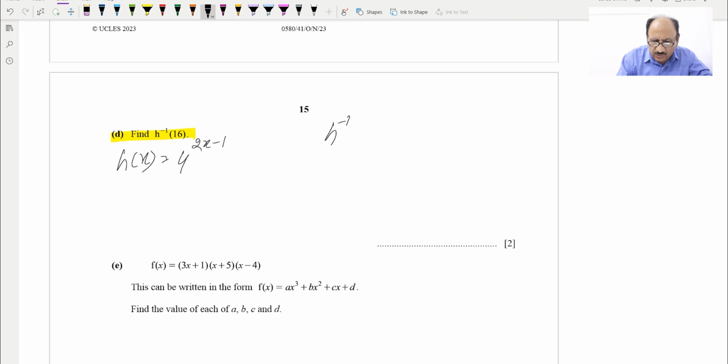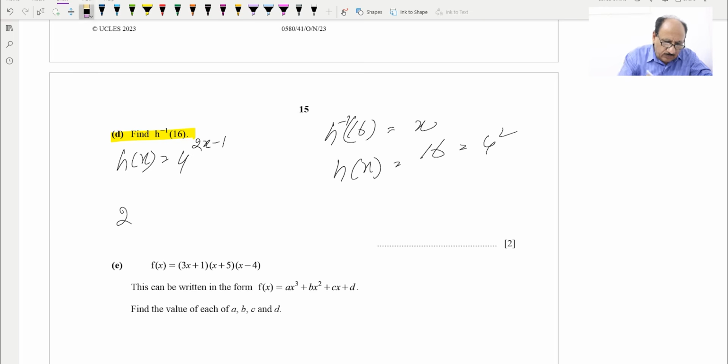So h inverse of 16 will be what? h inverse of 16 is equal to x. So h of x will be equal to 16, which is equal to 4 square. So we can write 4 raised to 2x minus 1 is equal to 4 raised to 2. So bases are same. We can leave the bases and we can compare the powers. So 2x minus 1 is equal to 2.